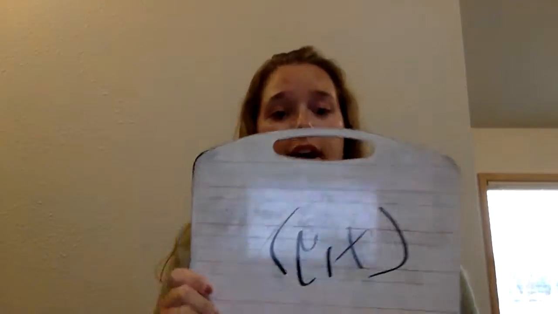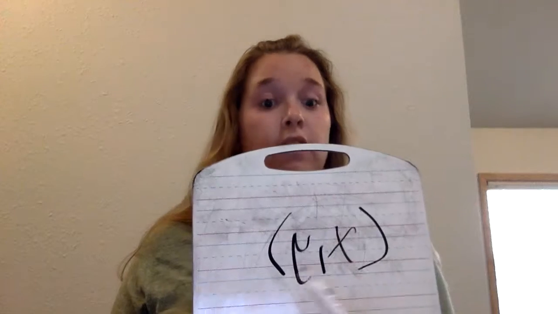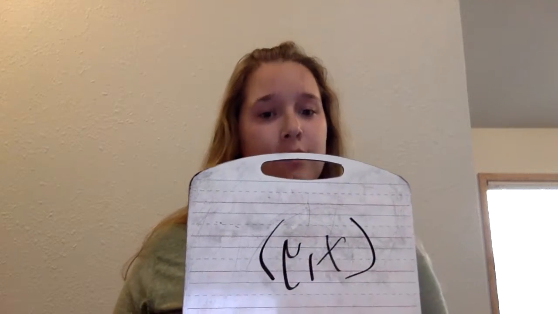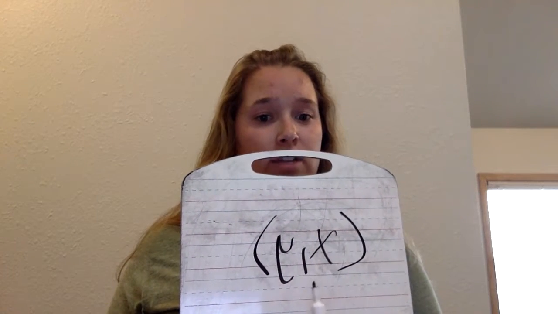So this is how every ordered pair is. It has the parentheses, then the x value, and then the y value. And all of it has parentheses. And the next one would be to plot pairs from the xy form on the plane when given the coordinates.